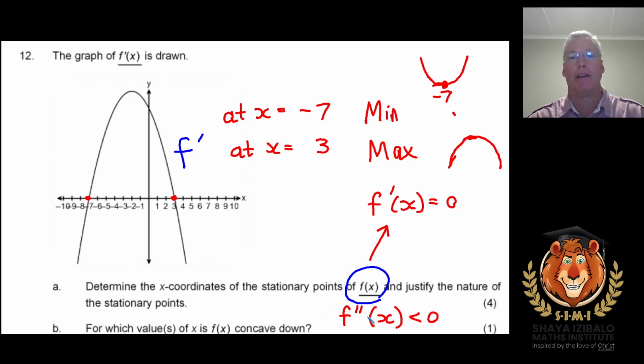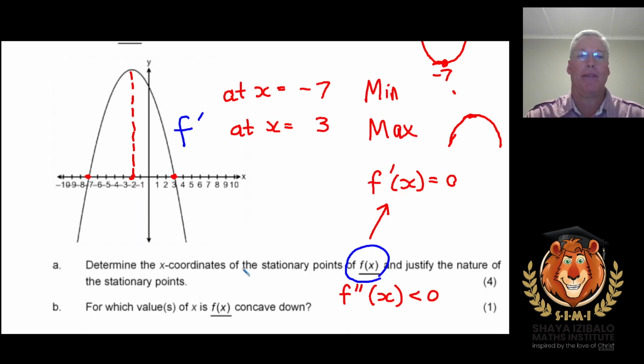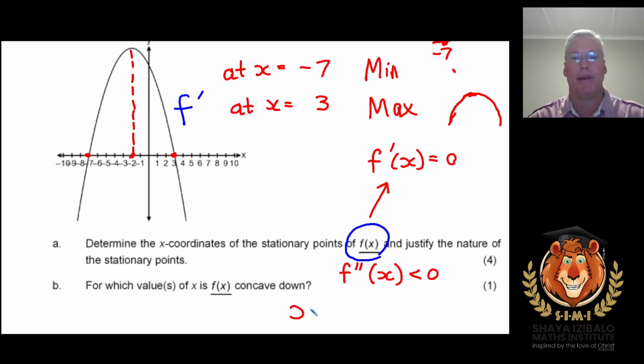So what we're really asking is, where does this graph have a negative gradient? It has a negative gradient after the turning point, and the turning point, by symmetry of the two x-intercepts, is at -2. So this graph is concave down after x is -2, in other words, x bigger than -2.